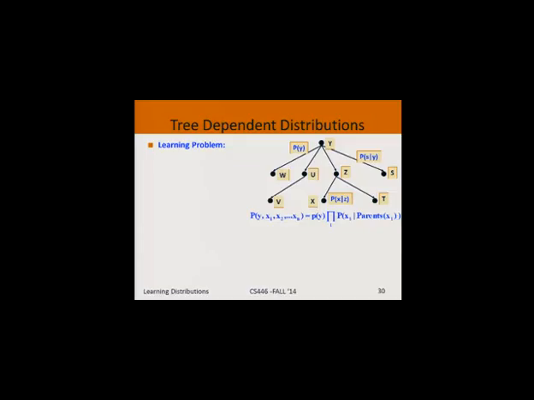So just to remember where we are, we're talking about representing probability distributions, learning probability distributions, and doing inference with probability distributions. Last time we talked about representations a little bit and inference algorithms.